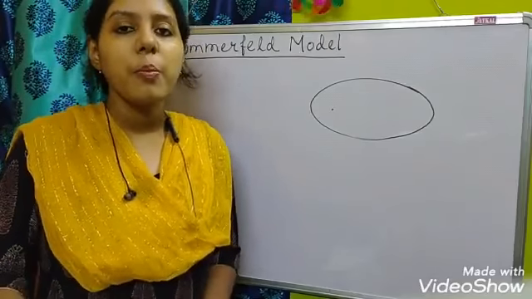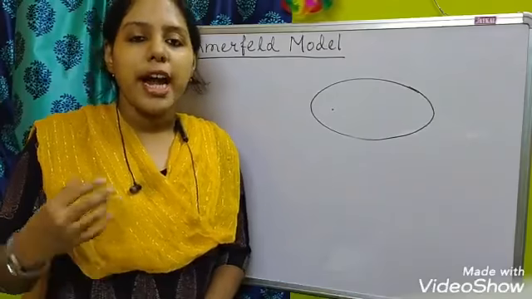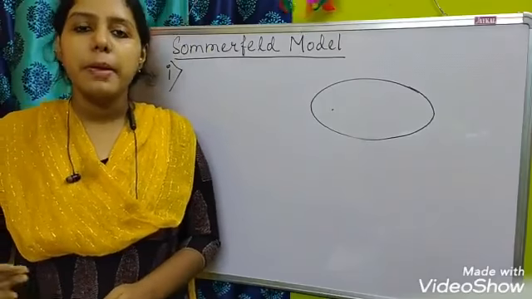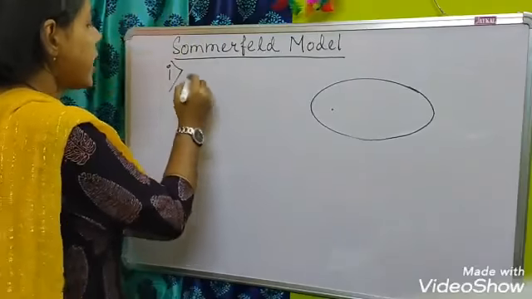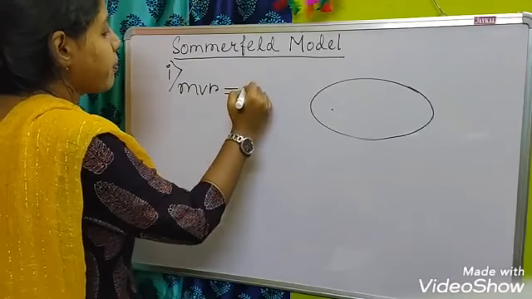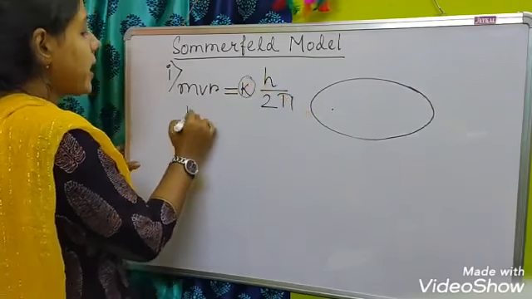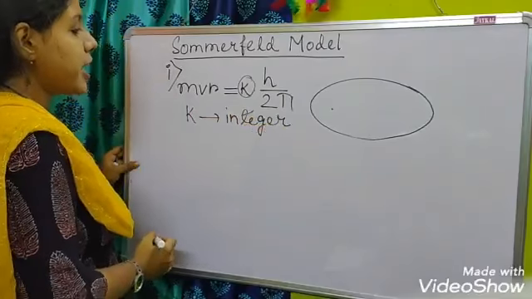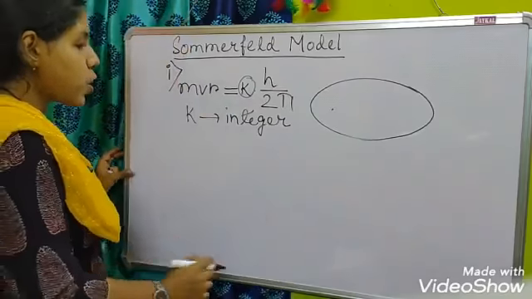Just like in Bohr's theory, where we have seen that angular momentum for an electron is an integer multiple of h by 2 pi, here also we could say the same thing: that angular momentum, that is mvr, is k times h by 2 pi. So here k is the integer.